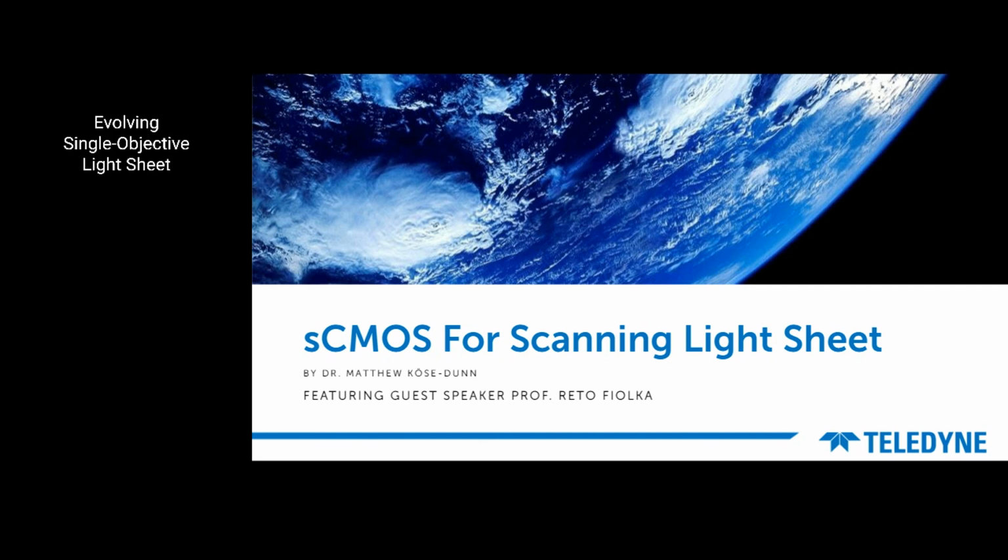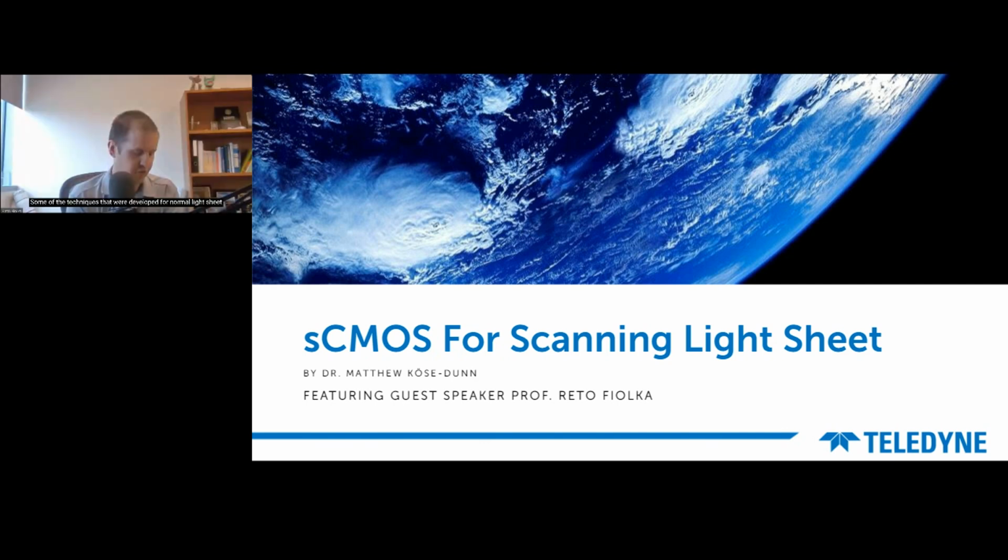And some of the techniques that were developed for normal light sheet microscopy can be translated over to the single objective light sheet world. So the DSLM works. The ASLM we have tried, but it hasn't worked that successfully yet, because there's still an advantage if you have two separate objectives. You can design them so that, say, the objective that launches the light sheet has a certain numerical aperture or certain reserves on angular range, and that falls a bit away with the single objective.